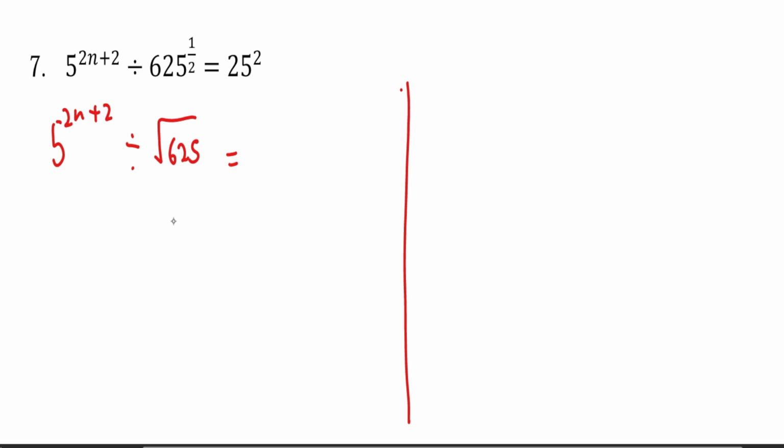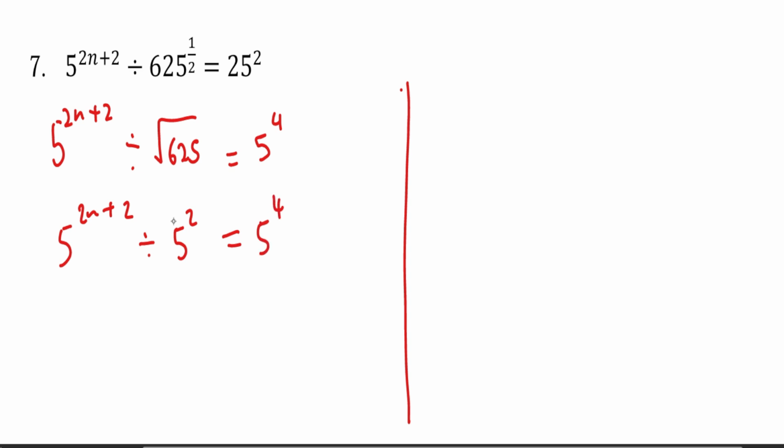The square root of 625 is 25, which can also be written as 5 squared, which is equal to 5 to the power of 4.